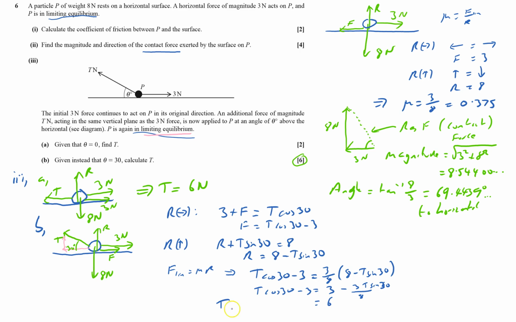So I'll get T times (cos 30 plus 3/8 sine 30) equals 6, and that implies that T equals 5.6951 newtons. And that's question 6 done.